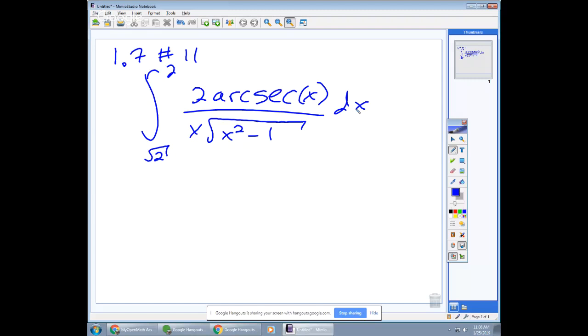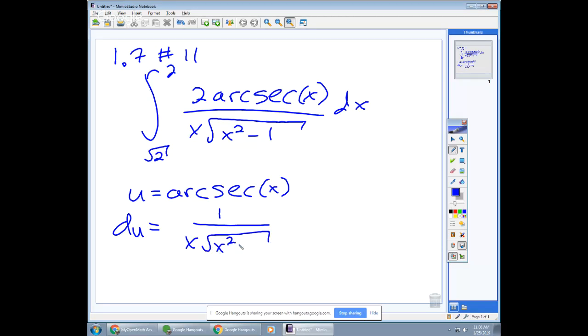All right, so here we would do a U-substitution like we did the other day. So u is going to be the arc secant of x. So du would be 1 over x square root of x squared minus 1 dx.